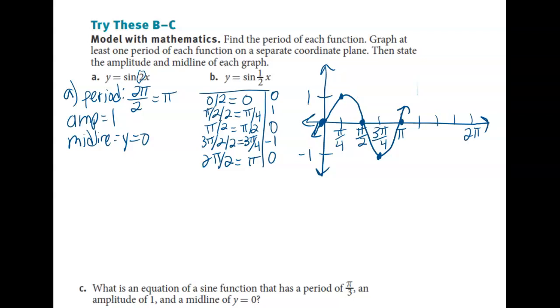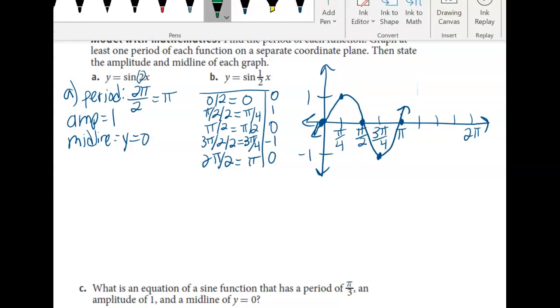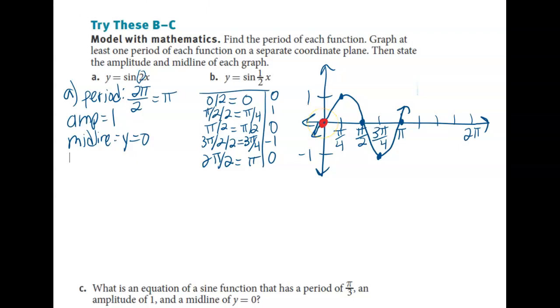The parent graph would have been starting at 0, 0. It hits 1 at pi over 2. It goes back to 0 at pi. It would go down to negative 1 halfway between, and back to 0 at 2 pi.